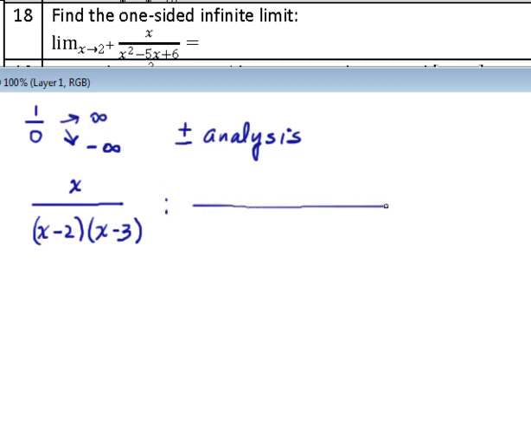So on the number line, we'll put our zeros of numerator and denominator in order. So we're going to start with 0, the 0 of the numerator. Closed circle because 0 is in the domain. Then 2 and 3. 2 and 3 are not in the domain, so they get open circles. The interval that we're interested in is the interval to the right of 2, so that's right here.